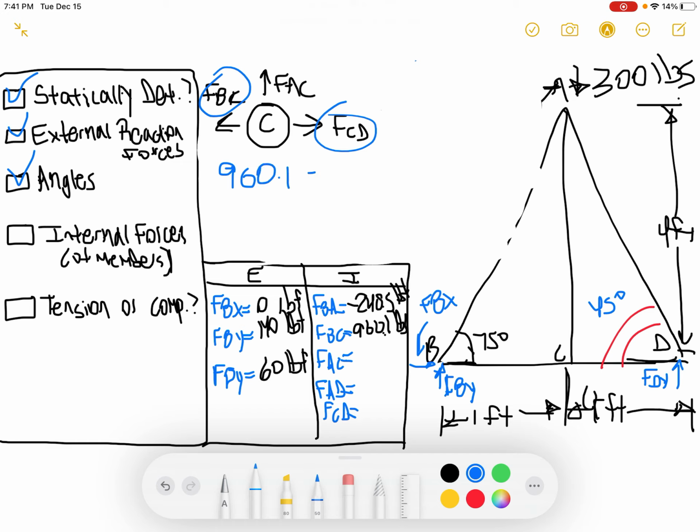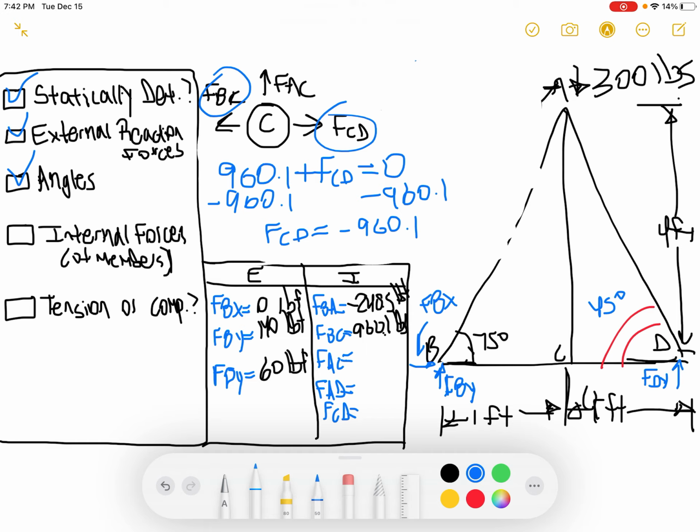That's 960.1 plus FCD equals 0. We can subtract 960.1 and we get that FCD is negative 960.1. Wait a second. No.